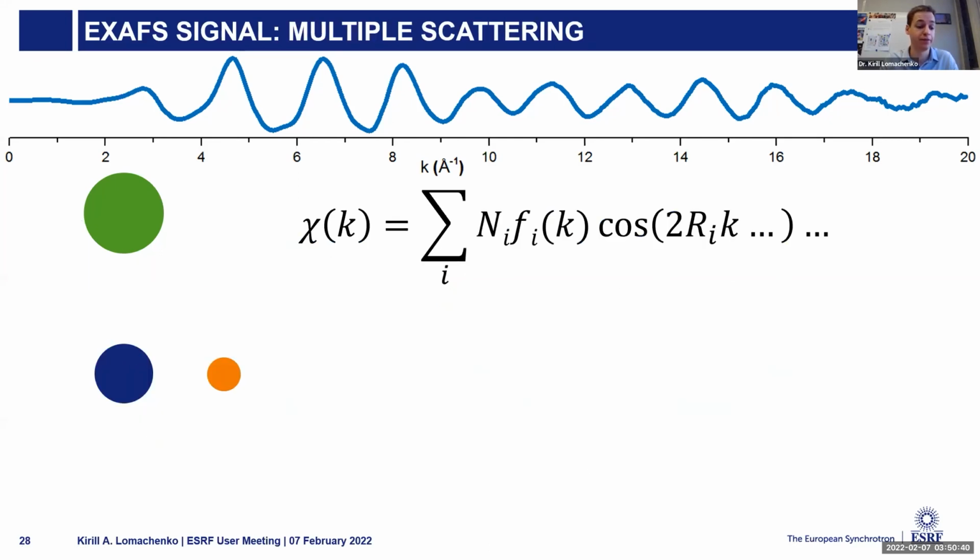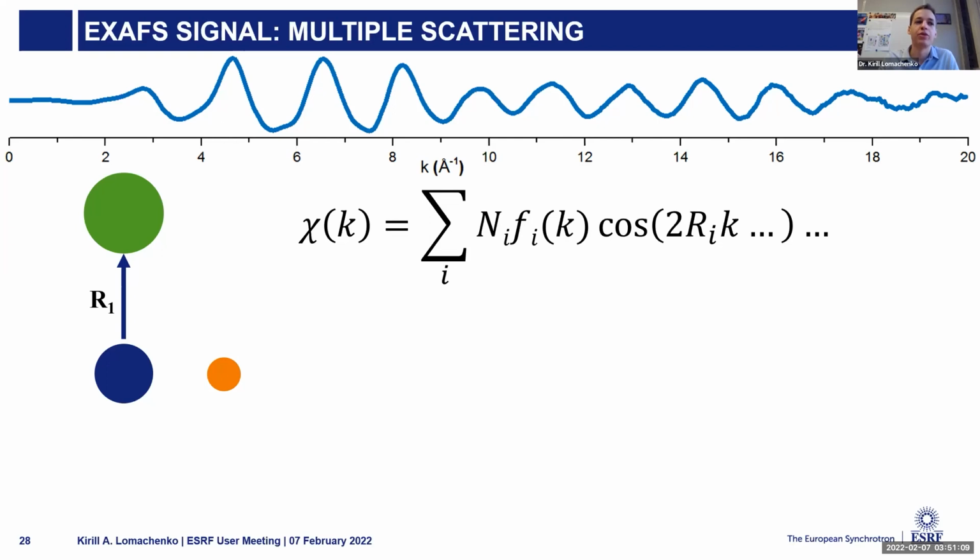Another possibility that we can have in the EXAFS data is so-called multiple scattering. It happens when, for example, the outgoing photoelectron wave coming from the blue atom, that is the absorber, goes to the green atom and gets backscattered. The scattered wave is a spherical wave. It goes everywhere.